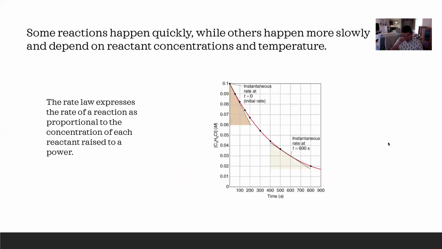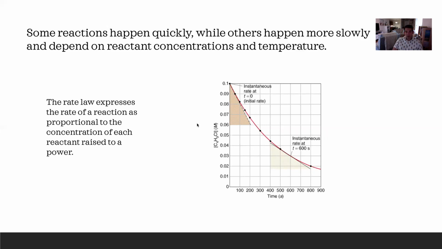All right, so the important thing to remember, when we say rate, we are talking about instantaneous rates, and we try to get the earliest possible instantaneous rates because those give us the most dramatic effect, and it gives us the most accurate approximation. As our reaction proceeds for longer and longer, our instantaneous rate is no longer as good.